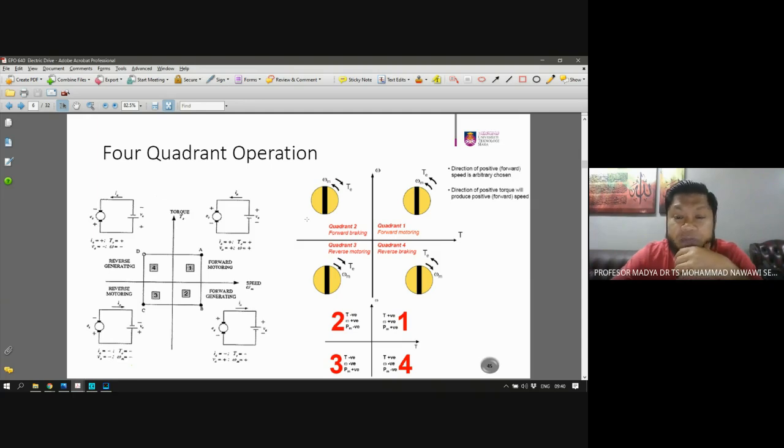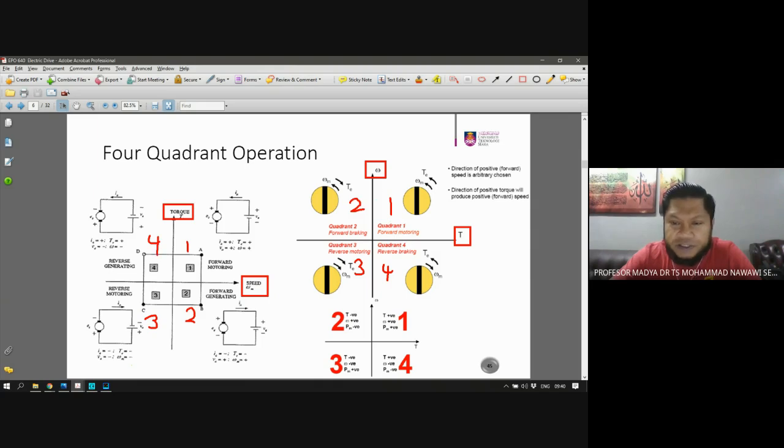Okay, so again and again, always remember that we have omega here, torque there, then we have quadrant 1, quadrant 2, quadrant 3, quadrant 4. If you change the axes with respect to speed, the quadrants also change: from 1 it goes to 2 here, 3 there, 4 there.